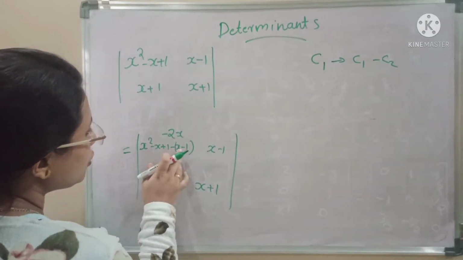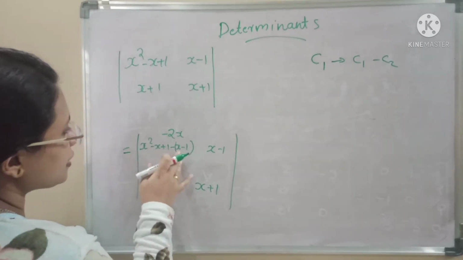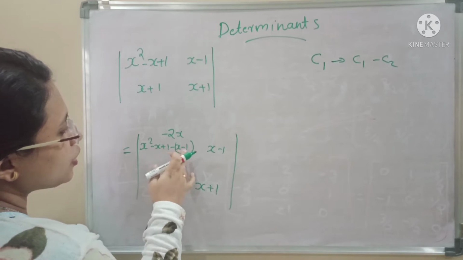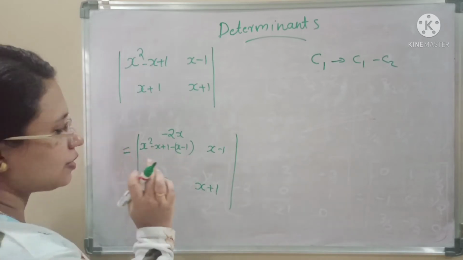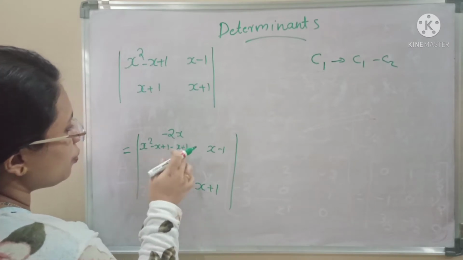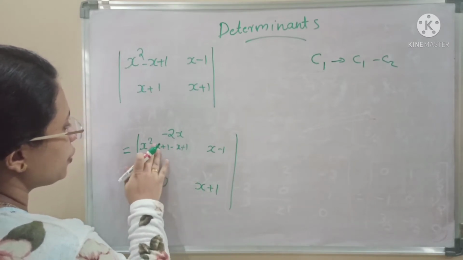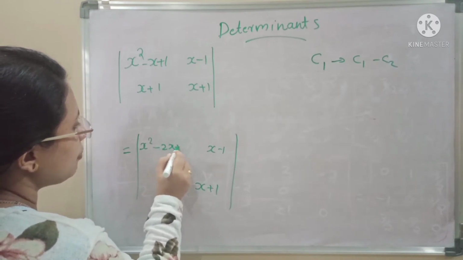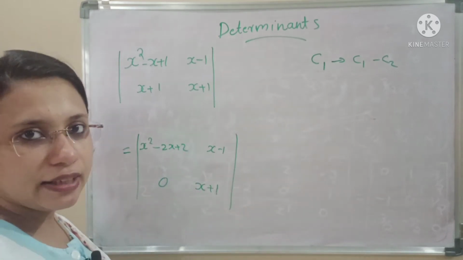So minus into x will be minus x, and minus x minus x will be minus 2x. Then minus of minus 1 will be plus 1, so when we remove this bracket it will be plus. So 1 plus 1, 2. We can write it as minus 2x plus 2. So we'll get like this.